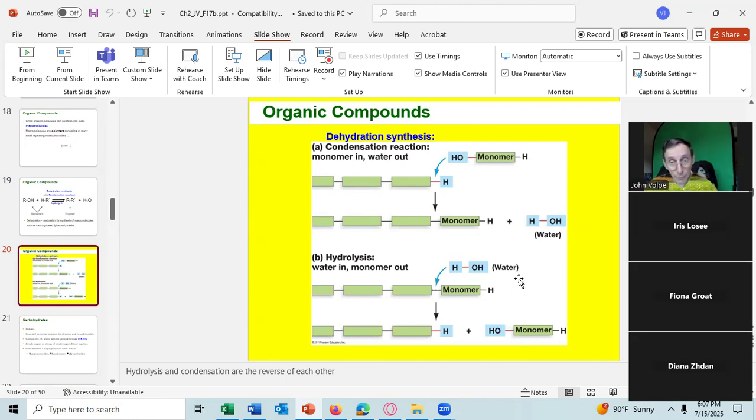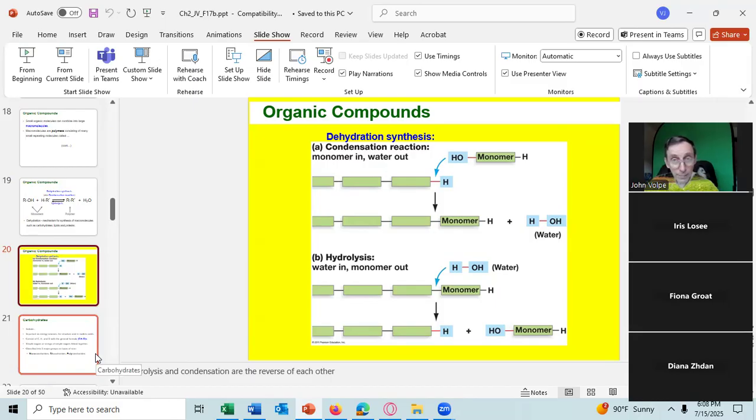Hydrolysis is the reverse, where water comes in, splits the polymer, the water breaks off, the OH group joins to the monomer, and then the hydrogen goes to this smaller polymer. Any question about any of that?